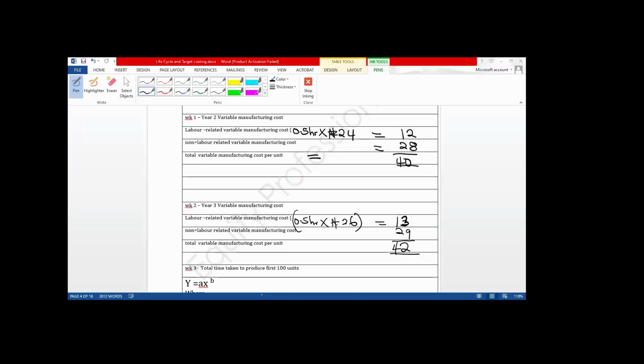All right. You observe that the cost has reduced now. When you are done with that, go to year 3. Remove 0.5, introduce 0.37. For year 3, labor cost per hour is 26 naira.